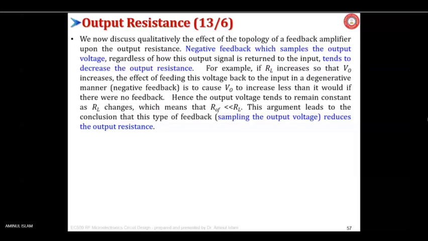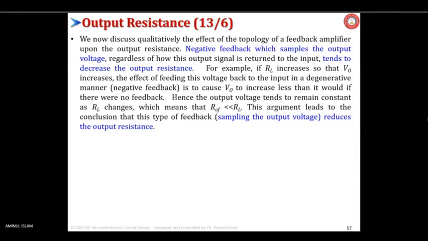Regardless of whether it is shunted or connected in series, the output resistance is going to decrease. For example, if RL increases so that Vo increases, do you understand or not? Yes, I understand. Sir, understood. Okay.